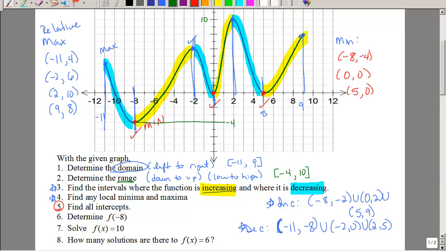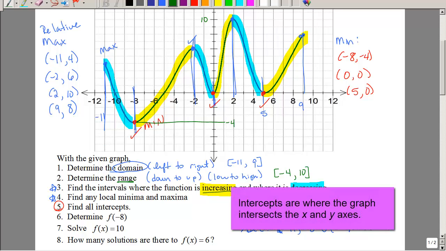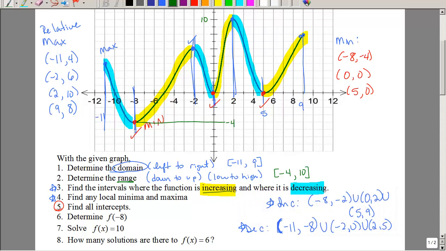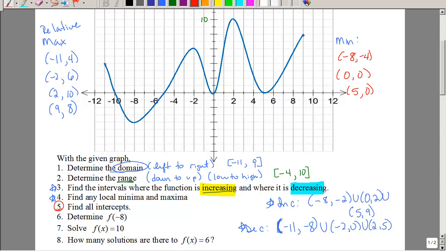Step 5, finding the intercepts. What do the intercepts mean? It's where the graph crosses the x-axis and the y-axis. Well, we have quite a few. I wanted to clean my graph up so we could see these. Where are all the intercepts? Well, it crosses the x-axis here, here, here, here, but it also crosses the y-axis also there.